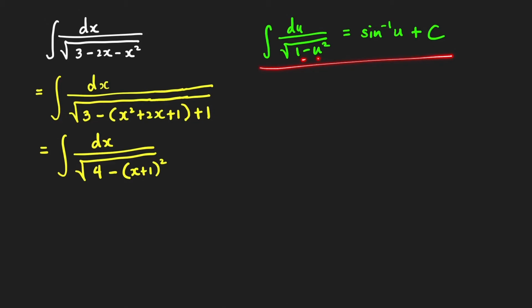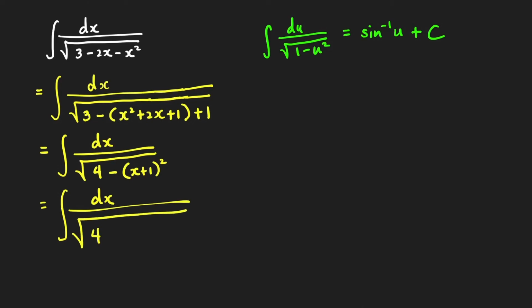So to make this integrand in that form, let's factor out the 4. So we can write this down as dx over the square root of, factor out the 4, and then we have here 1 minus x plus 1 quantity squared over 4, which can be written as x plus 1 over 2 quantity squared.